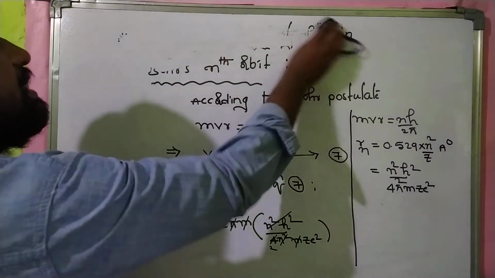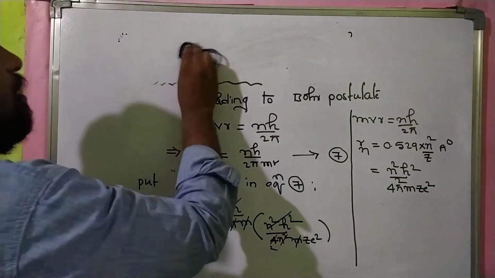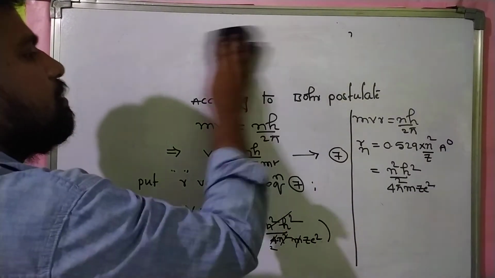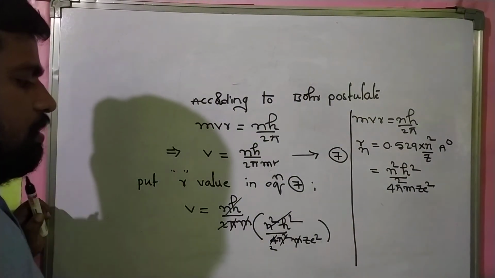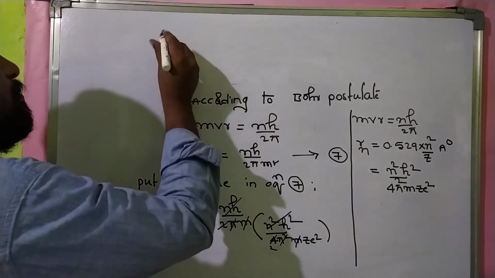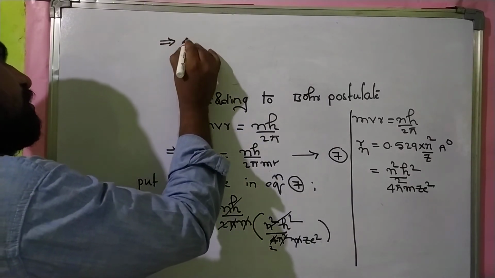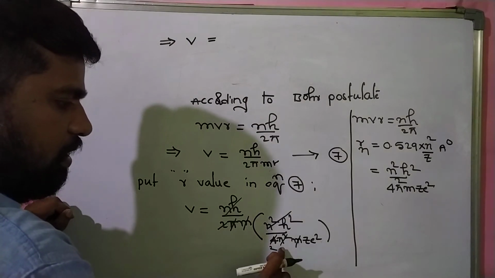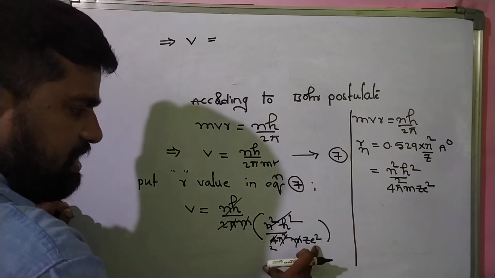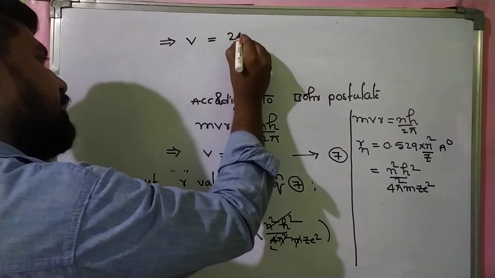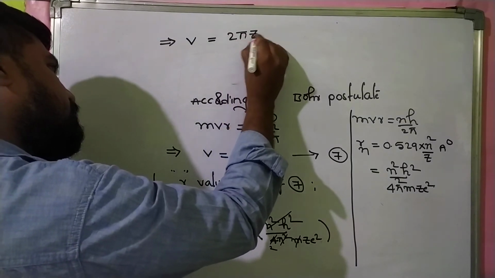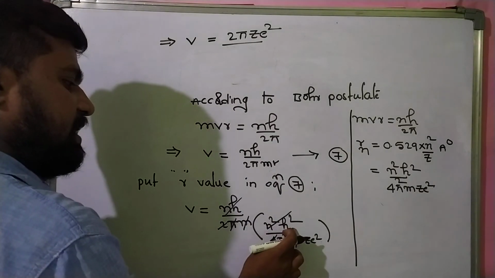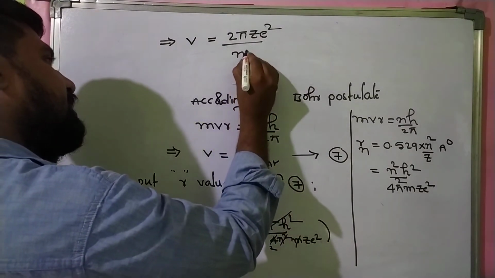Now v equal to, in the denominator, 2 pi Z e square, that is 2 into pi into Z into e square, and nh remains.